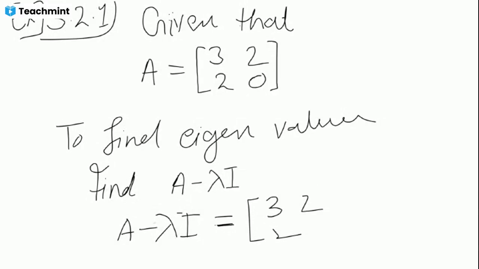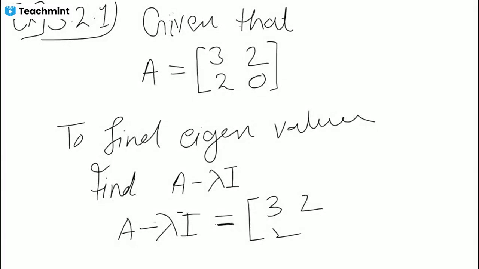So obviously we'll have here 0 x1 plus x2 and 0 x1 plus 0 x2 is equal to 0.